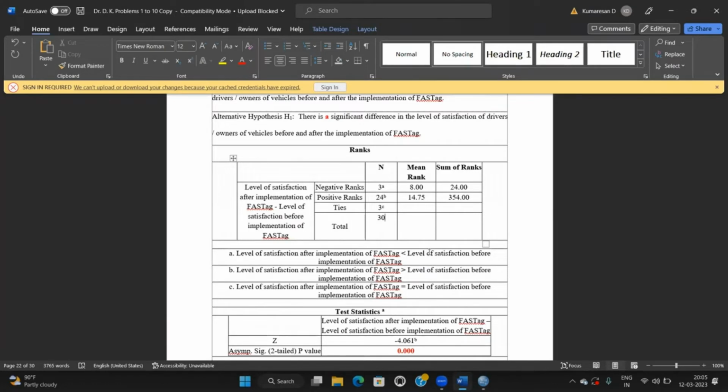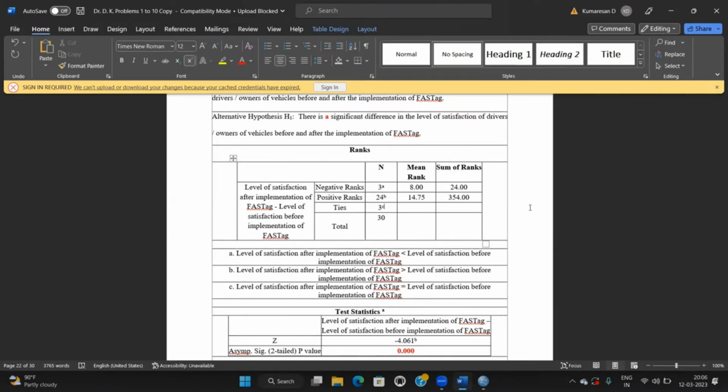Satisfaction after implementation is greater than before implementation. That means the satisfaction level is increased after implementation in the case of 24 drivers. In the case of 3 drivers, the level is the same: the satisfaction level after implementation is equal to the level before implementation of FASTag.